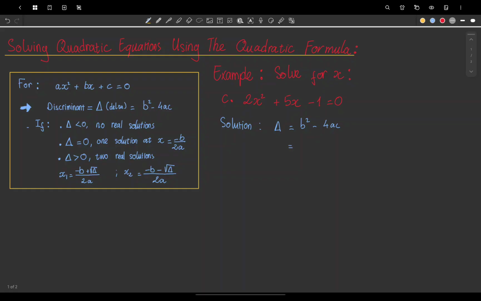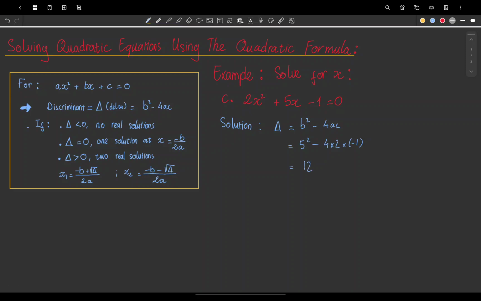Your b, the coefficient in front of x, is 5, squared, minus 4 times a, which is times 2, times c, which is times negative 1. If we do that, we will have the discriminant equal to 12.